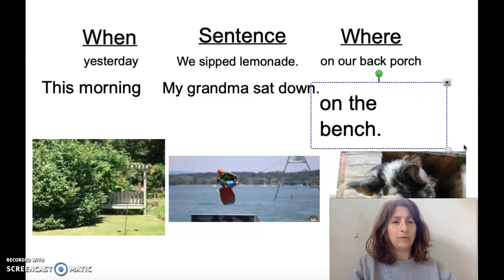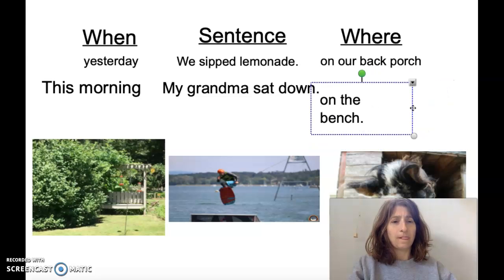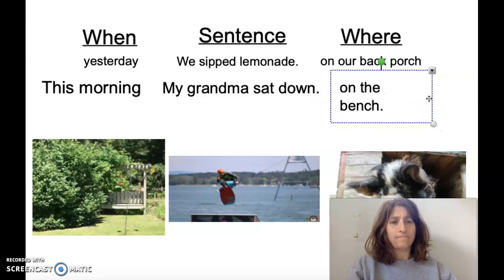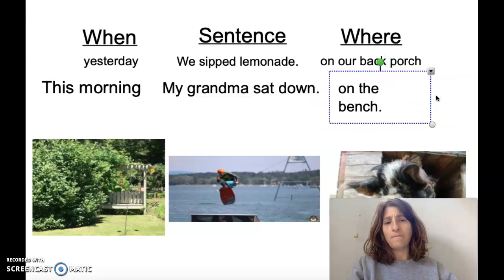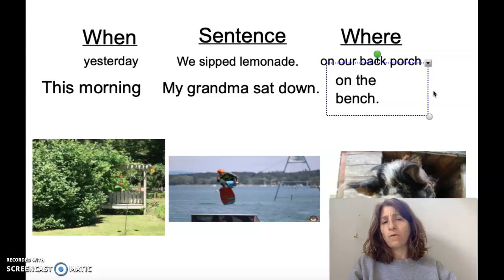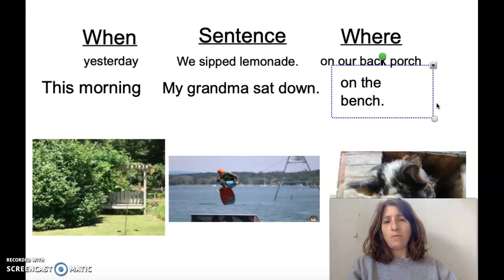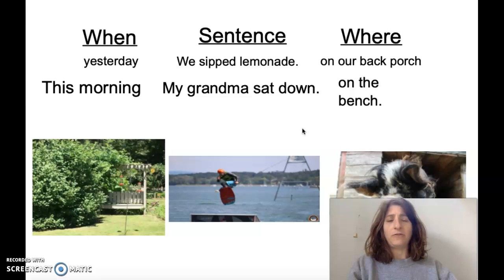Let me get it a little bit smaller. So again, we could talk about it in a couple different ways. My grandma sat down this morning. This morning, my grandma sat down. My grandma sat down on the bench. My grandma sat down on the bench this morning.